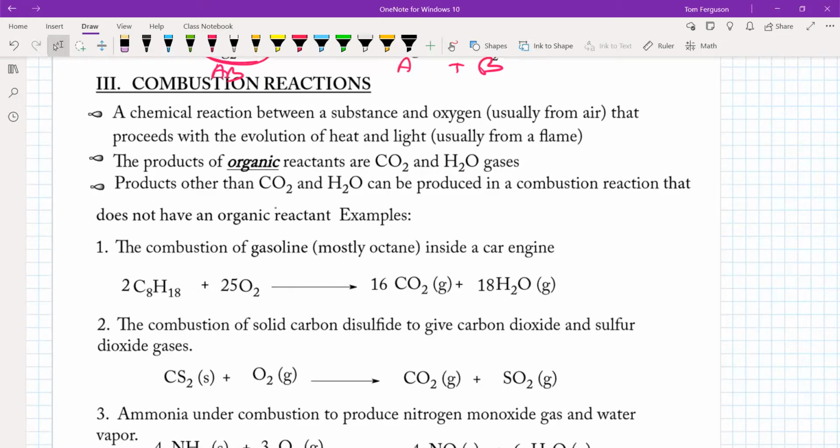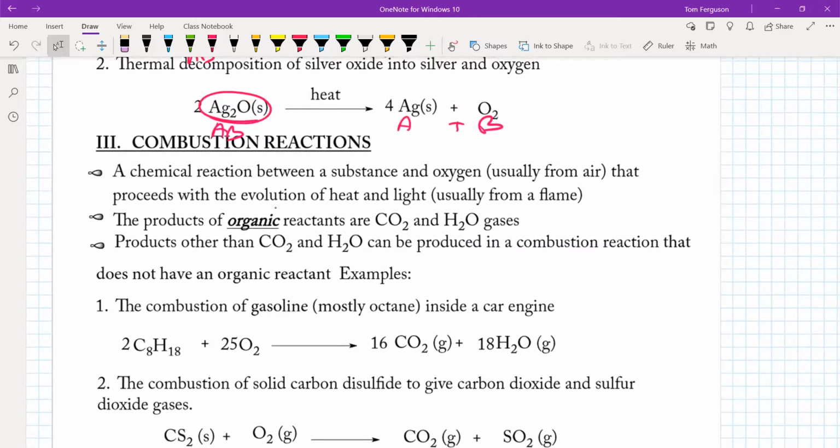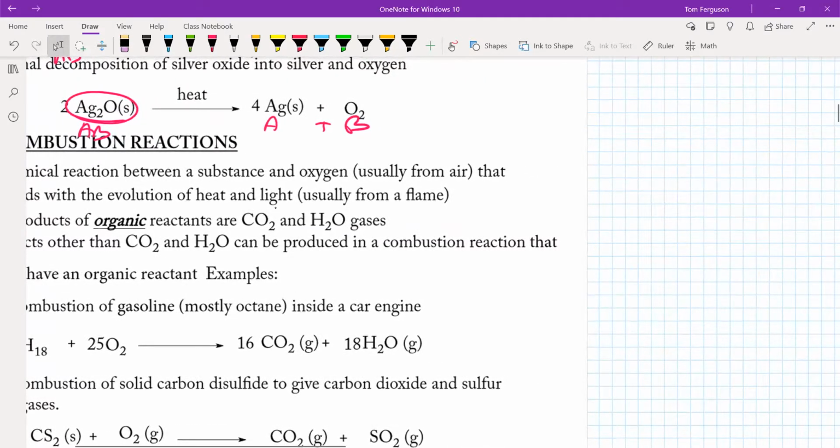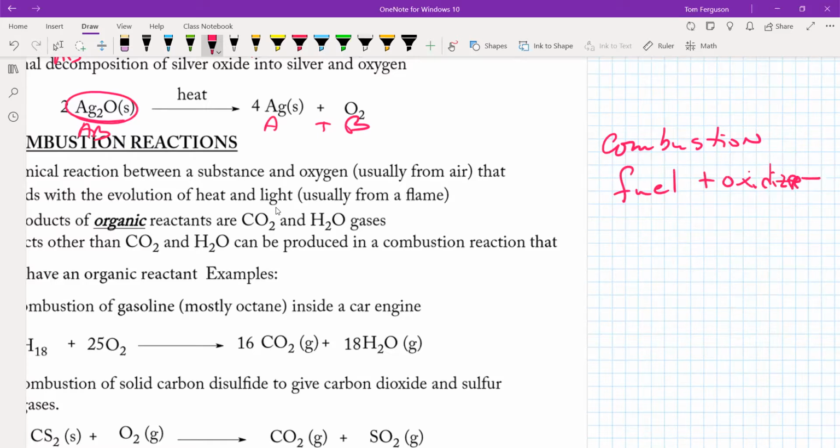Now, combustion. Formally, combustion is defined as fuel plus oxidizer yields oxidized fuel atoms.